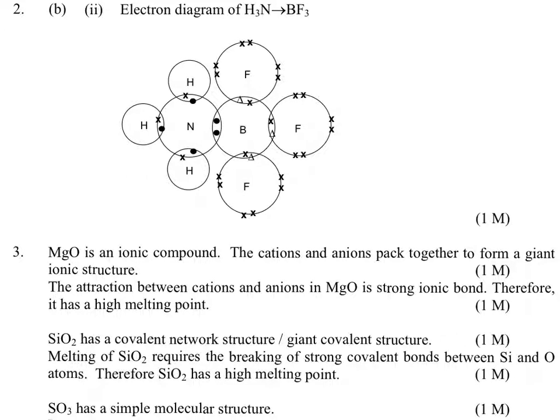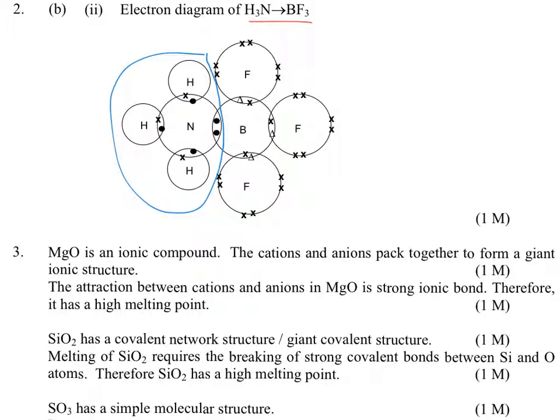So for the electron diagram of this one, it is called an adduct. That means the lone pair of N donates to boron. The original molecule is ammonia, so you simply write down the electron diagram of ammonia.